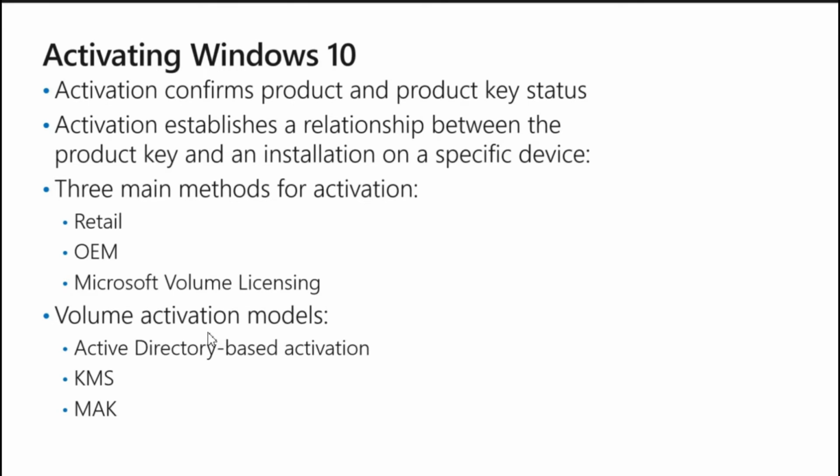Normally if you have only a few computers, you can go to settings and apply this code. In this way you can apply, right? But if you have a domain environment, we can have Active Directory based activation, KMS, which is Key Management Services, and MAK, which is Microsoft multiple activation key.